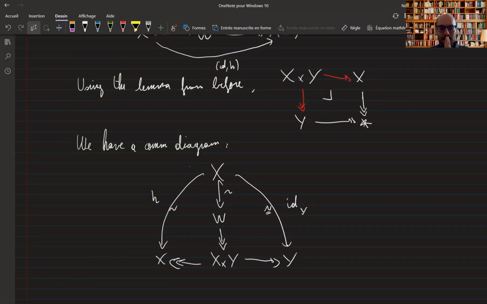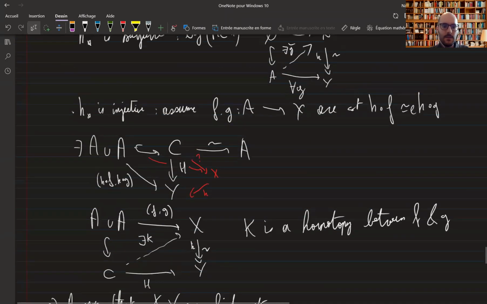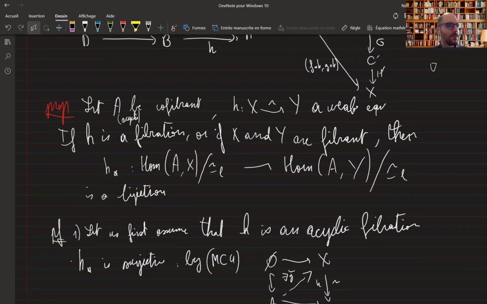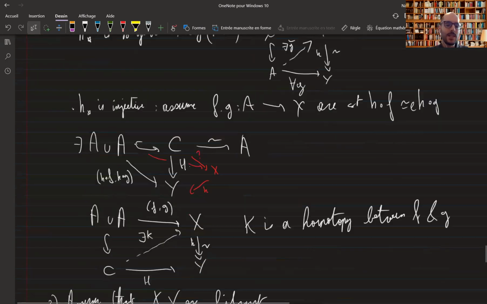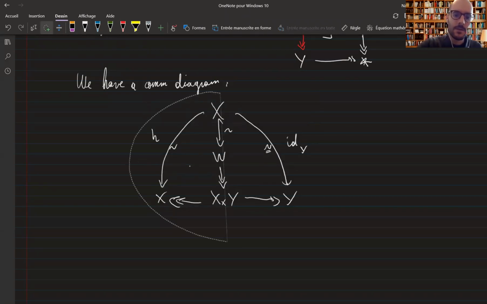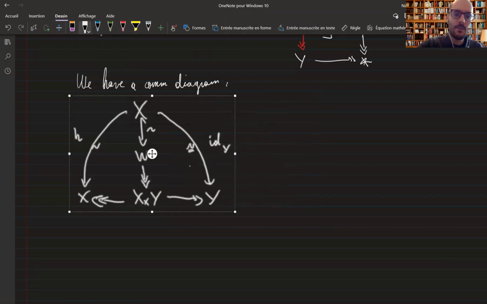So what we want to do is apply the proposition to acyclic fibrations. And we are going to do it three times and deduce from these three applications of the proposition that H induces a bijection between the hom sets. Because all these maps, what do they induce?